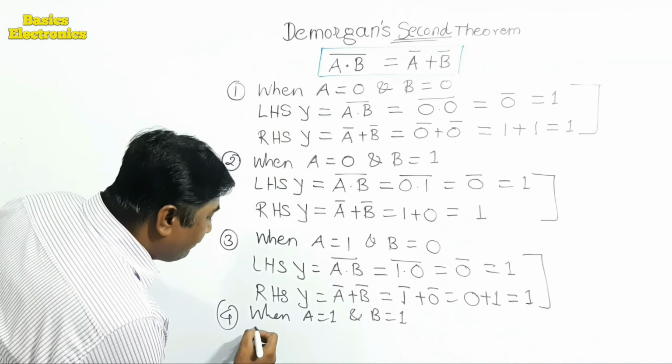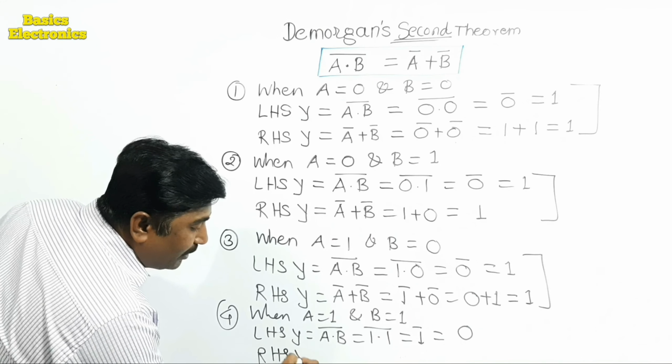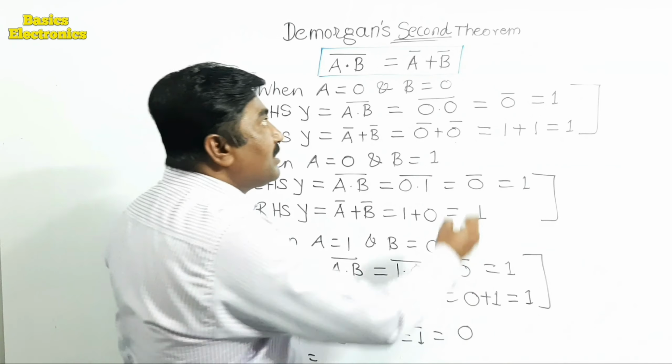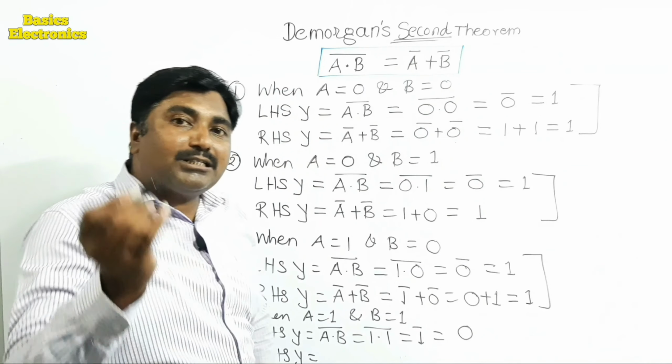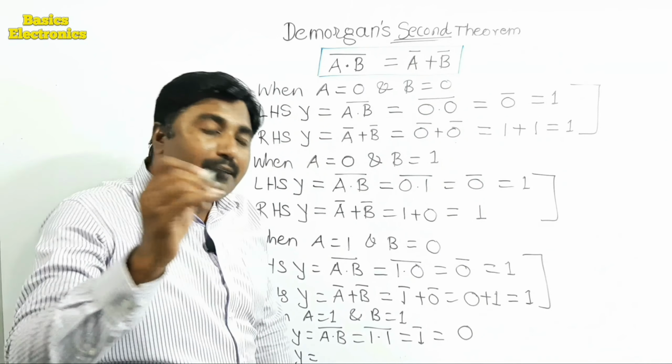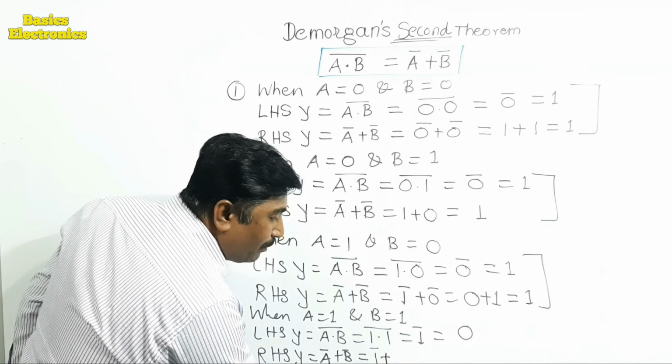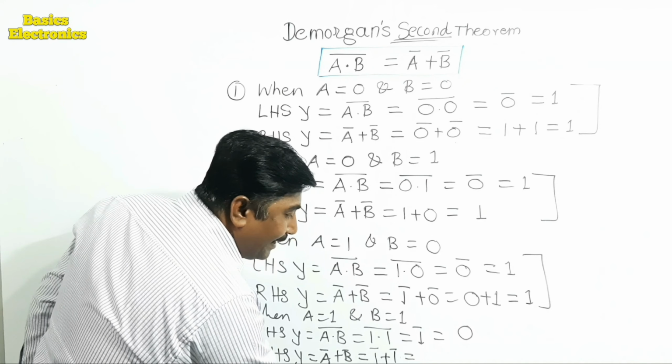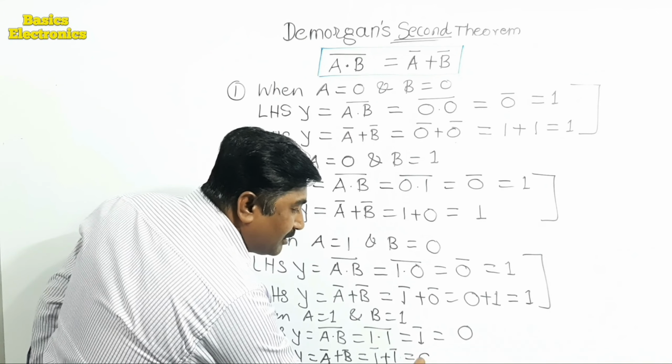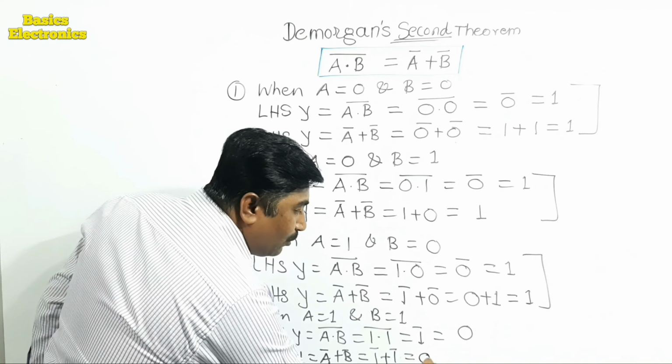Now at the right hand side, the equation is A complement plus B complement, which equals 1 complement plus 1 complement. 1 complement means 0, so 0 plus 0, and 0 plus 0 is equal to 0.